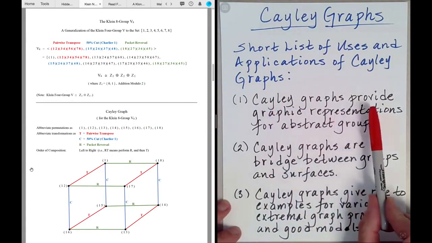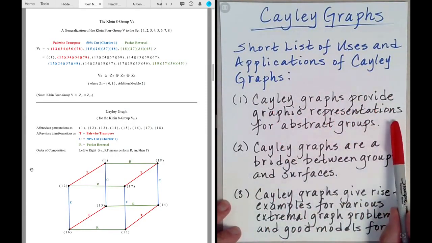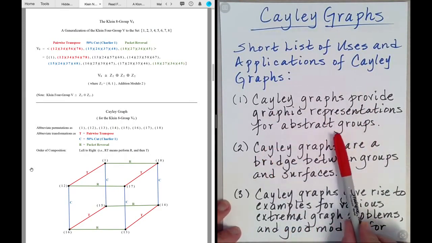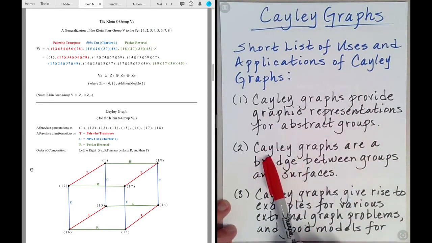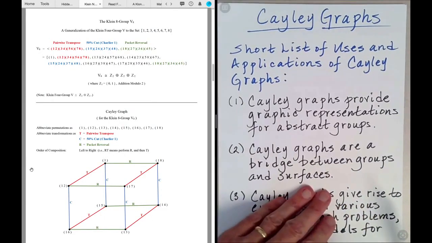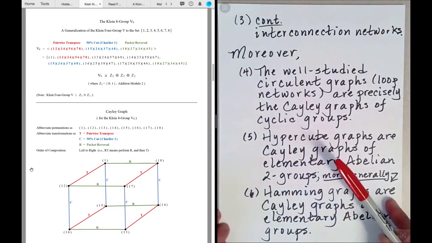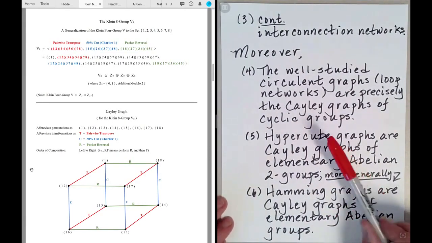Cayley graphs provide graphic representations for abstract groups. Cayley graphs are a bridge between groups and surfaces. Cayley graphs give rise to examples for various extremal graph problems and are good models for interconnection networks.